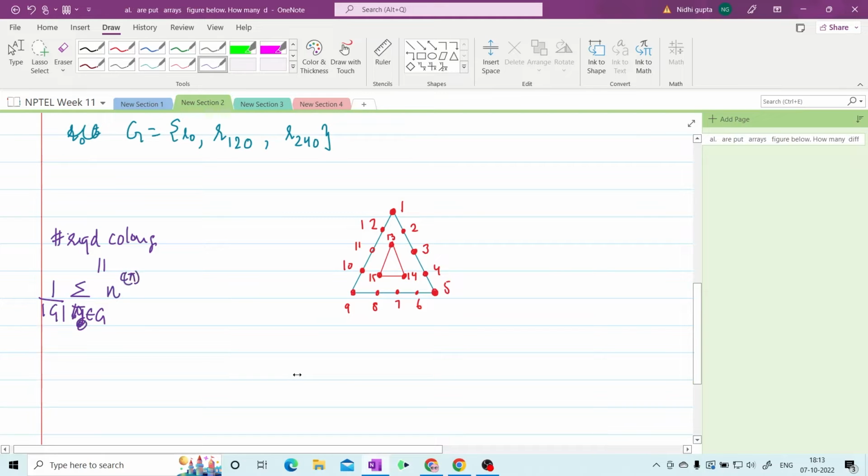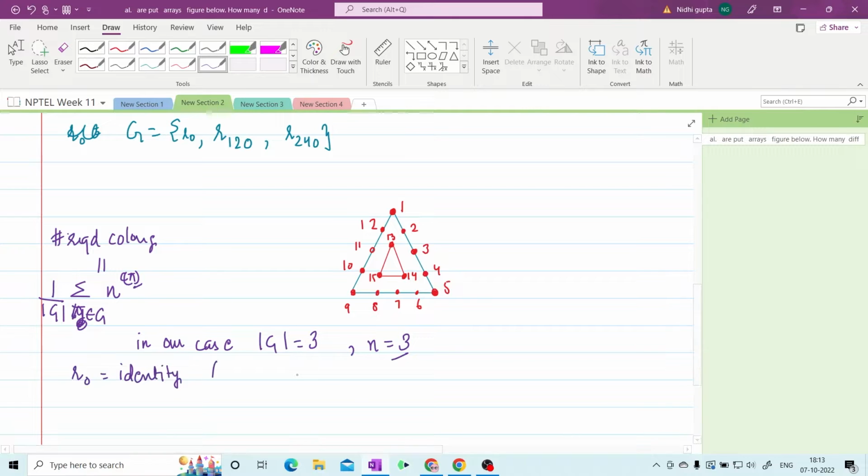So here in our case order G is 3 and n is also 3. Now we have to find C of pi for each of these. First of all, R0 is the identity rotation. If we have 15 balls, R0 is basically fixing each of the balls, so the position of none of the balls is changed.